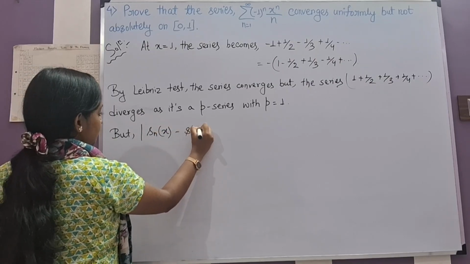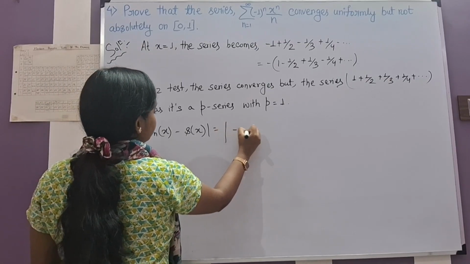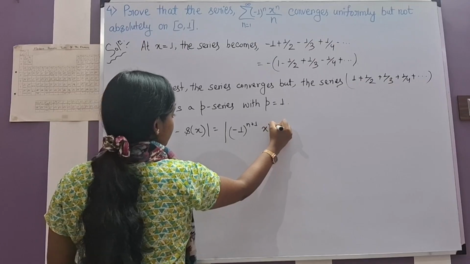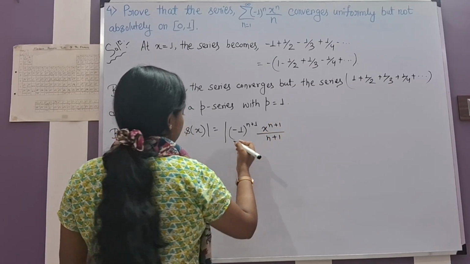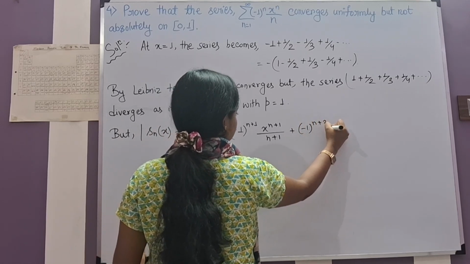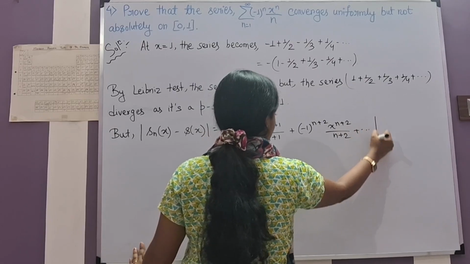But mod of Sn(x) minus S(x) equal to mod of (minus 1) to the power n plus 1 into x to the power n plus 1 by n plus 1 plus x to the power n plus 2 by n plus 2 plus and so on.